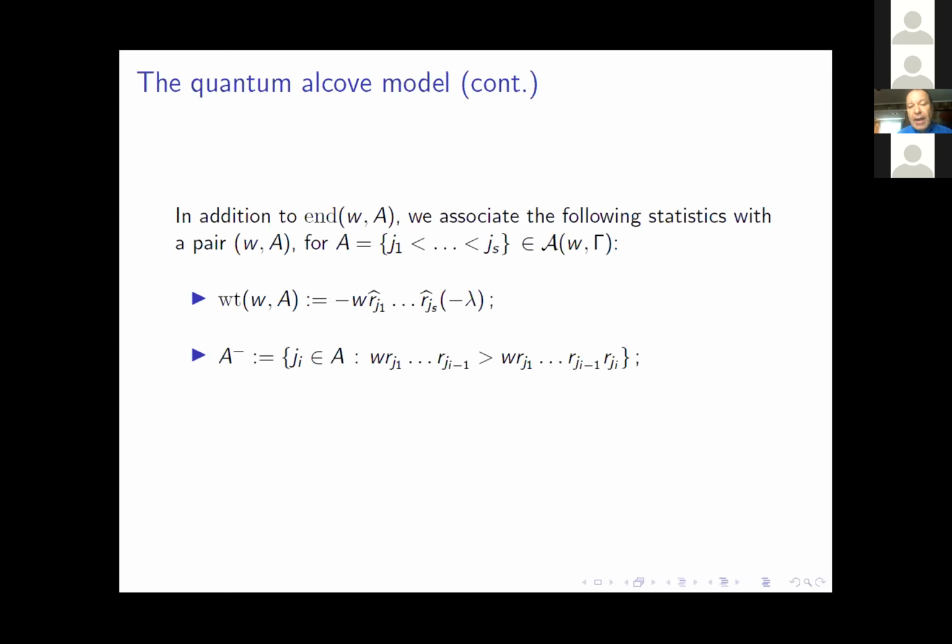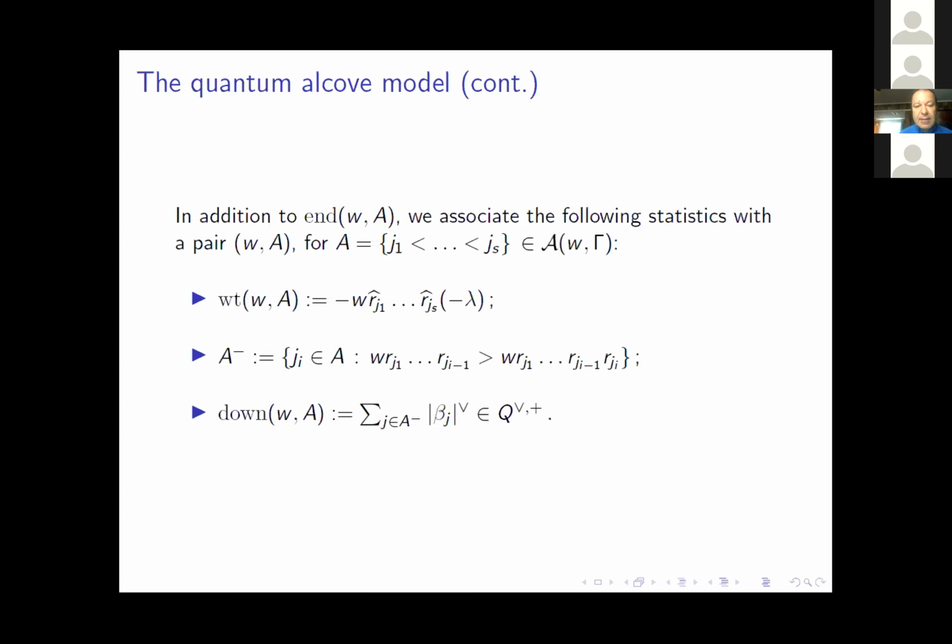Then we keep track of the places where, in the associated path in the quantum Bruhat graph, we have these down steps, these quantum steps. We keep track of those positions j_i where we have these down steps. So this is a subset A minus.